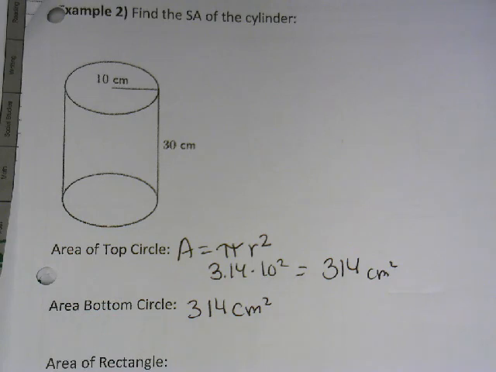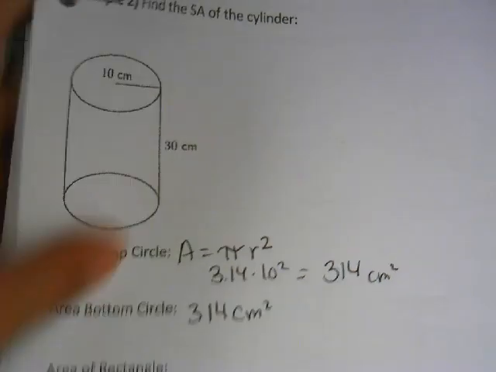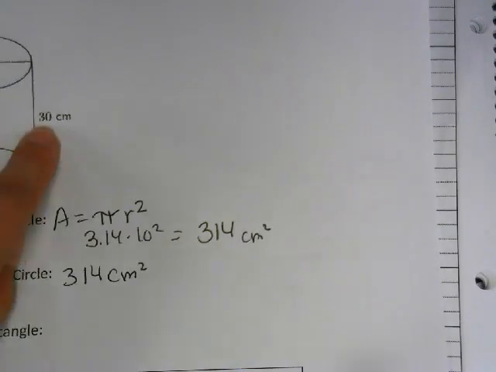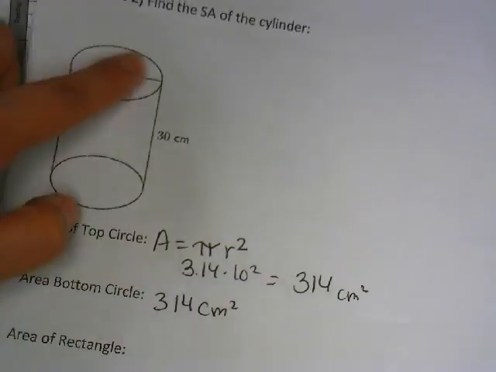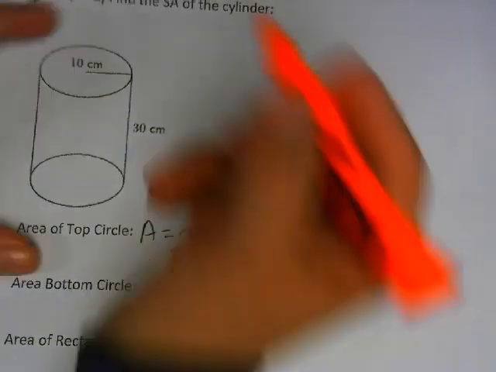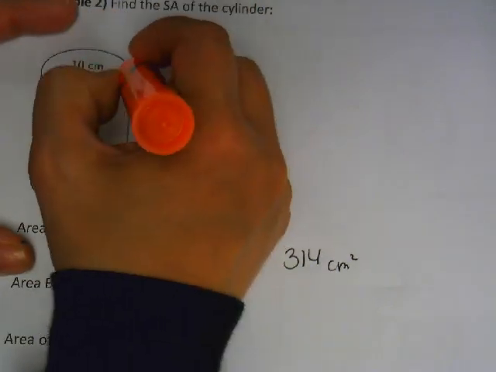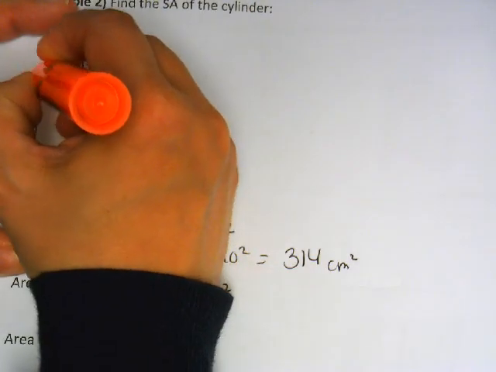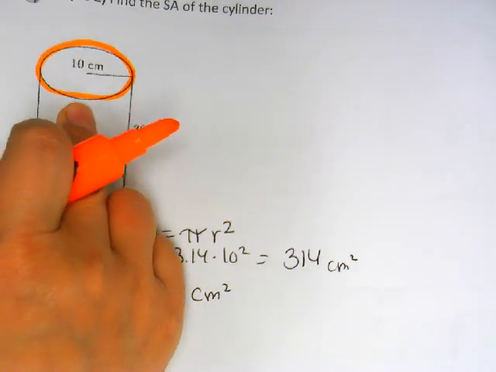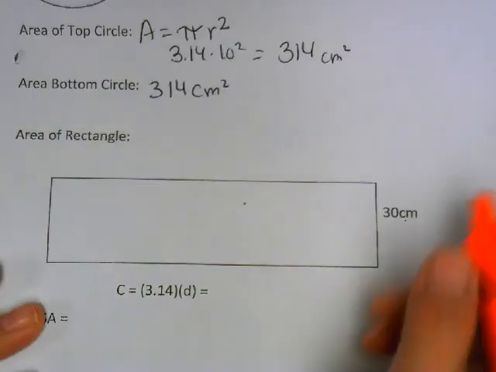All right, area of a rectangle. So they set it up for us. So 30 is the height of the cylinder. Do you see the height of the cylinder? And let me do a visual example. We need to find this here. This is this.